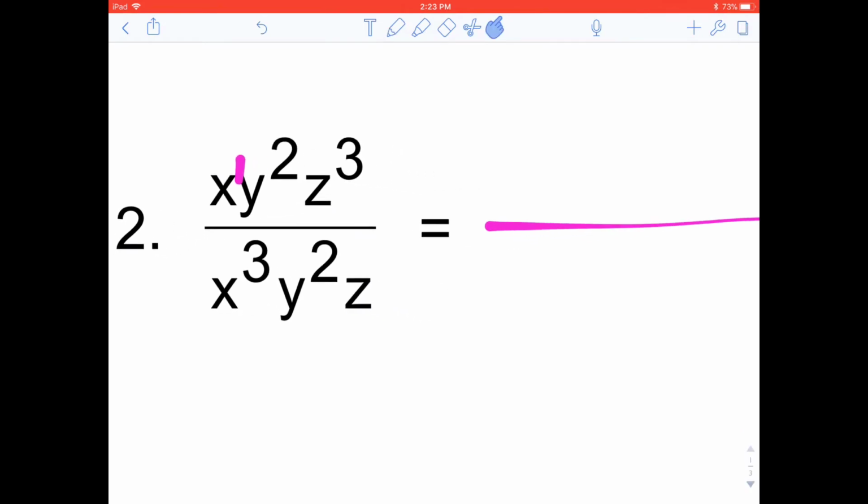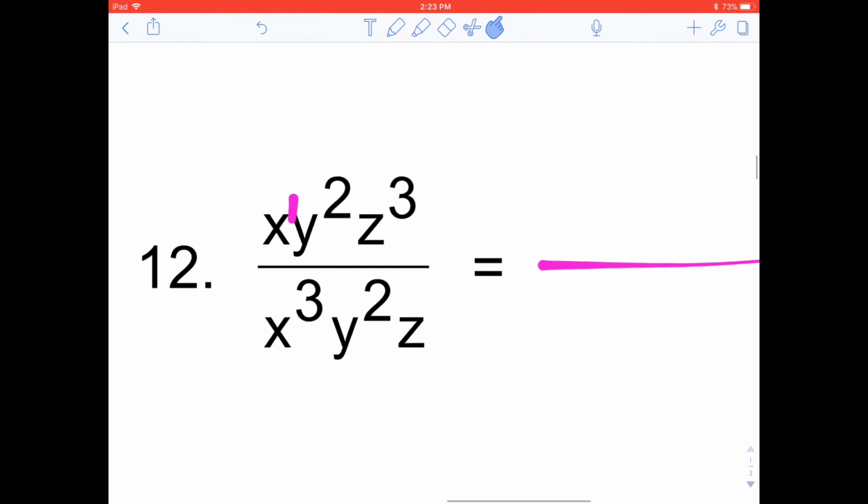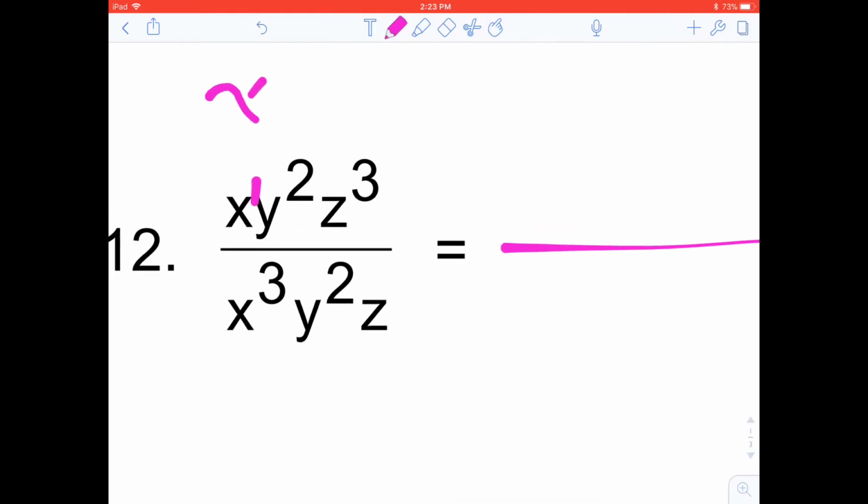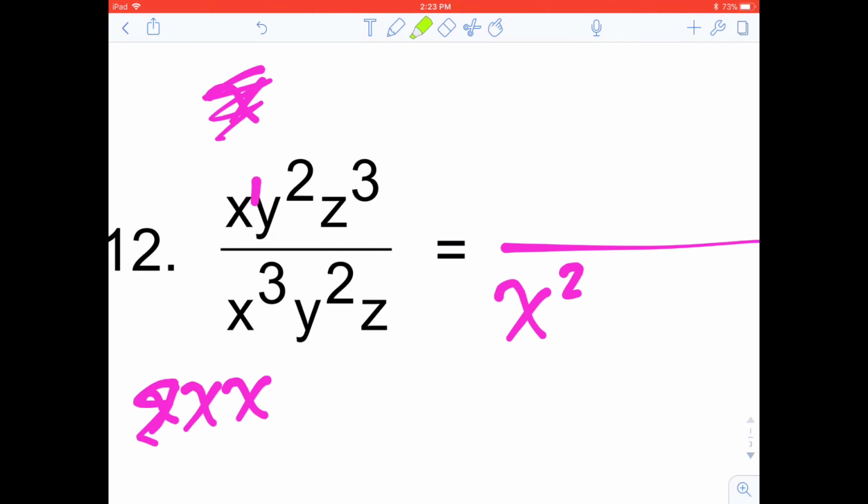Or you can think, if I have 1 x on top and 1, 2, 3 x's on bottom, couldn't I cancel out a set of x's? Which means I would be left with 2 of them on bottom. Since I have more x's on bottom, the x answer is going to be on bottom after I subtract those, so to speak.